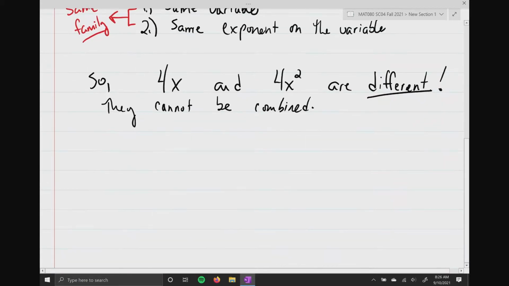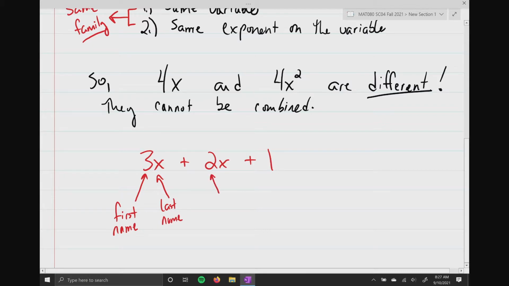So, if you think about it in terms of families, the 3 would be the first name, the x would be the last name.